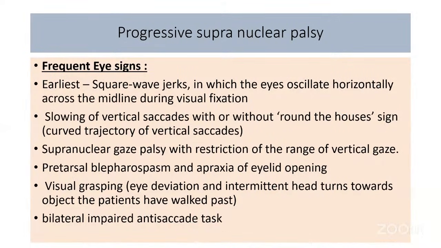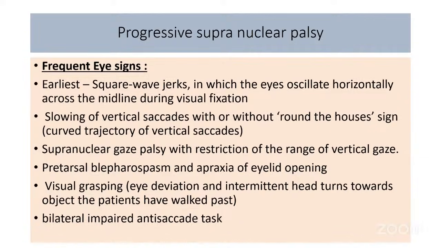And PSP eye signs, as we already discussed, to summarize: the earliest is square wave jerks, where the eyes oscillate horizontally across the midline during visual fixation, and slowing of the vertical saccades with or without the round the house sign. The round the house sign is the curved trajectory of the vertical saccades.